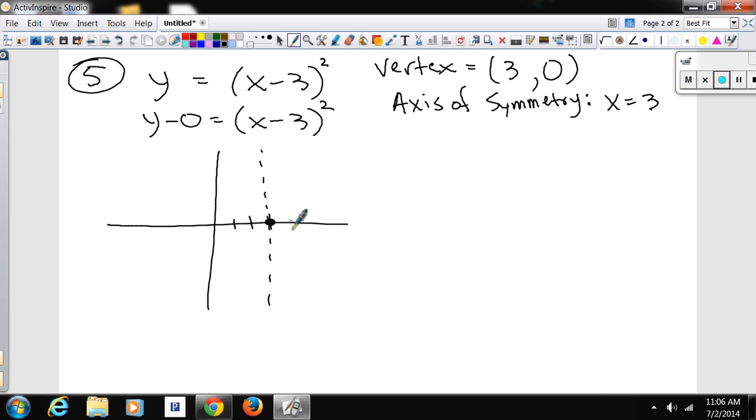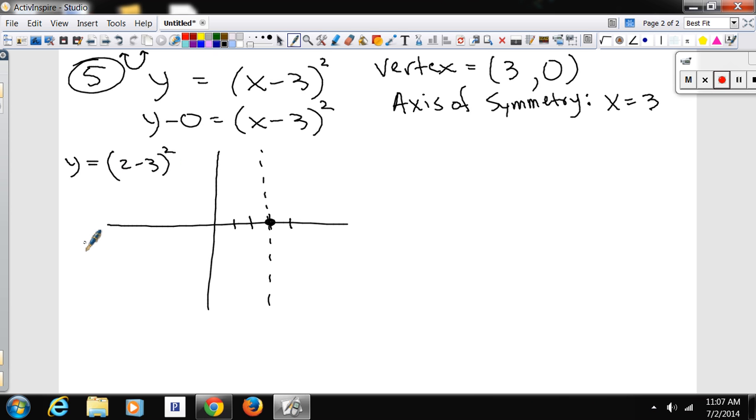We know it's going to be a U shape because it's positive. There's no negative in front. I would suggest maybe plugging in a 2 and a 4 just to see where the 2 points would go. So you might go back to your original equation and plug in 2 minus 3 squared.